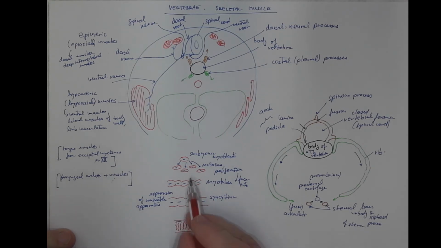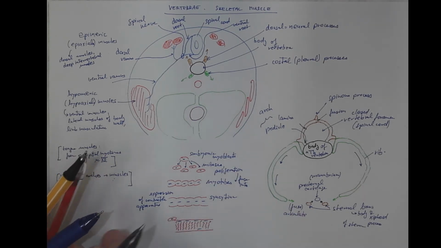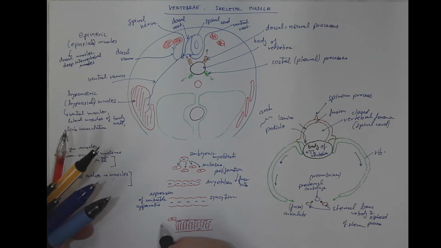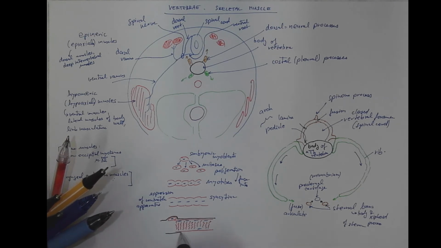Some of the myoblasts might persist and form myosatellite cells, which can be occasionally found below the same basal lamina that surrounds the skeletal muscle fibers.